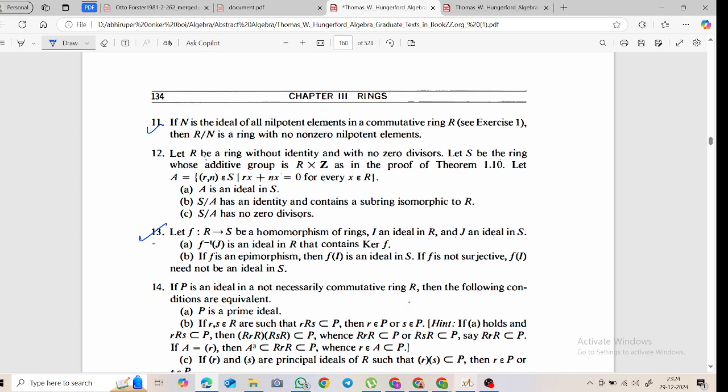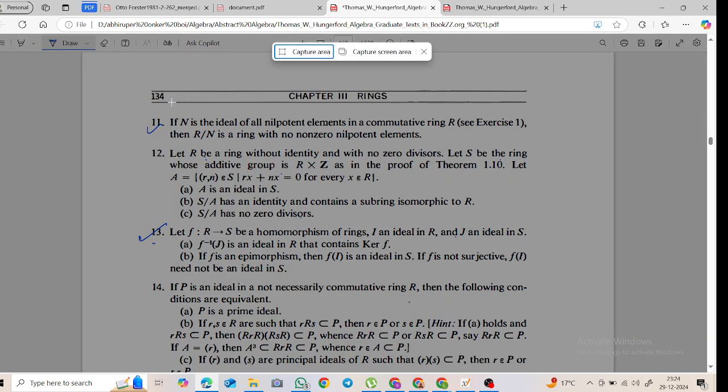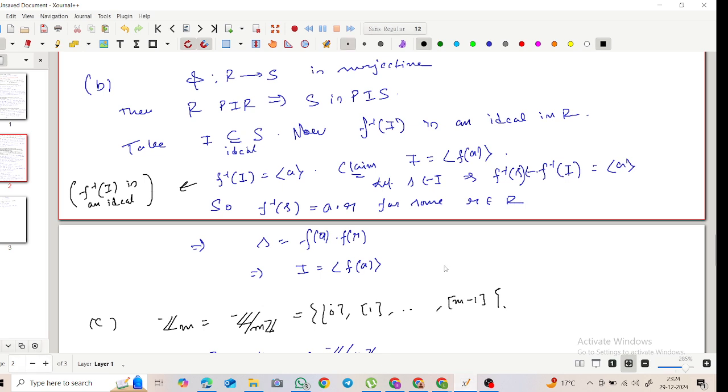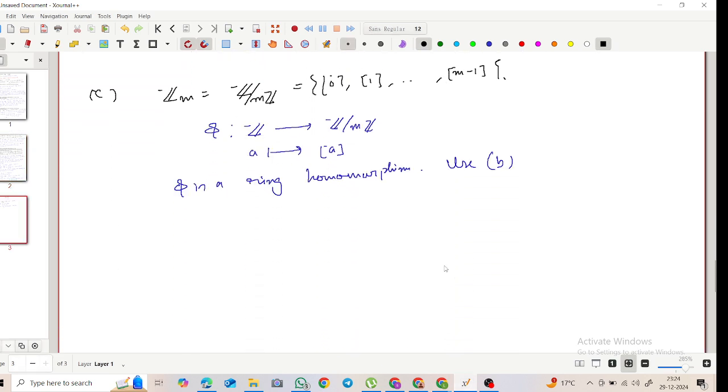Okay, so let's try this. So I think number 11 is quite obvious because you are quotienting out by the set of all nilpotents. So the quotient ring should not have any nilpotents in it, right?